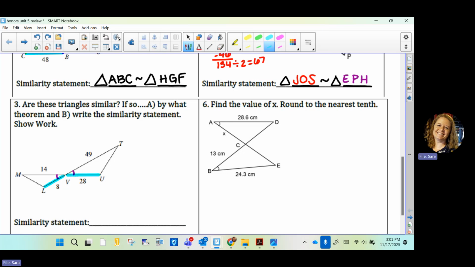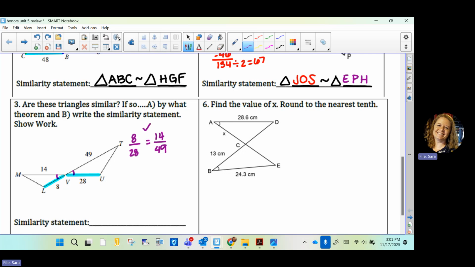So I would have to do 8 to 28, and then 14 to 49. We have to see if those ratios are the same. 8 over 28 and 14 over 49 do give the same ratio. They both reduce to 2 over 7.